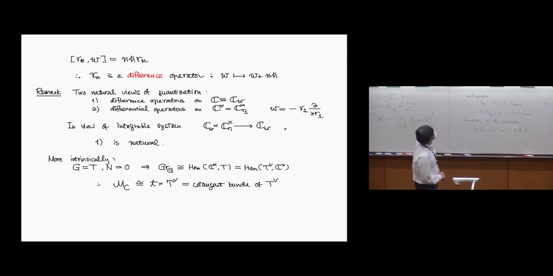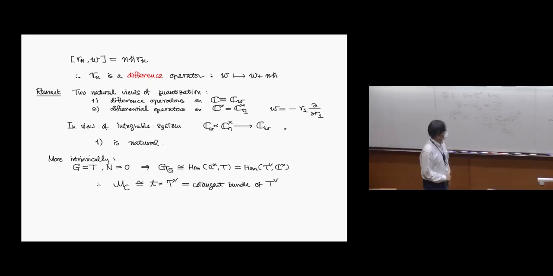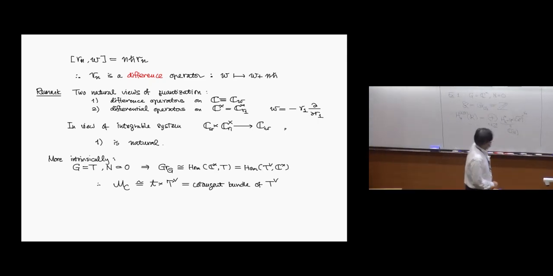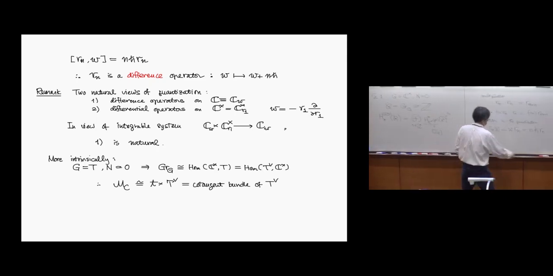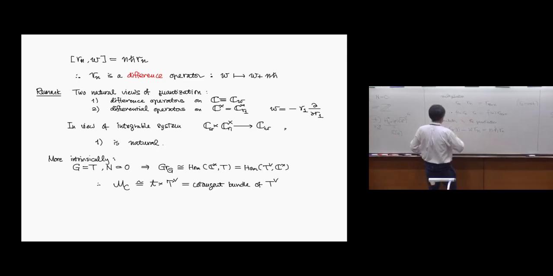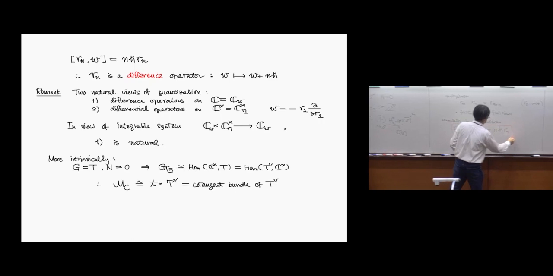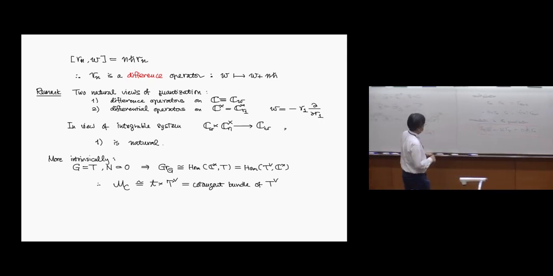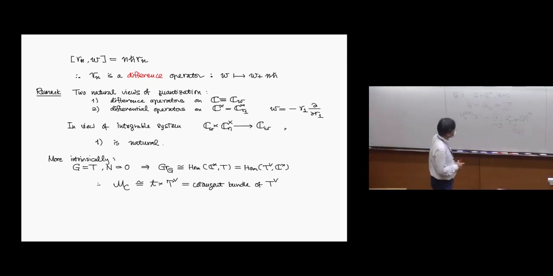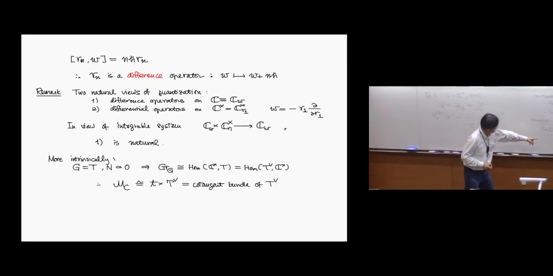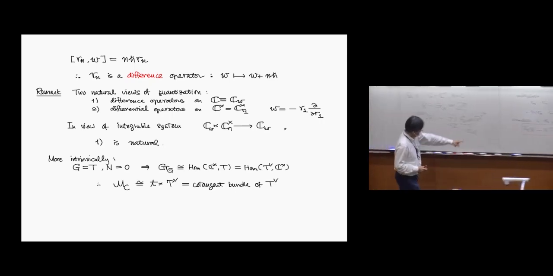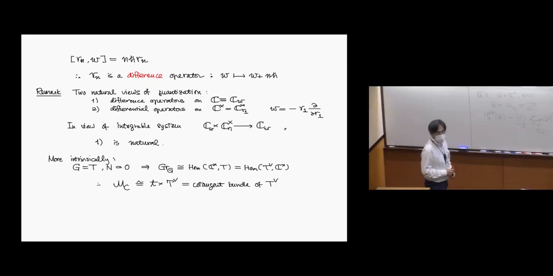And you can also study a little bit more. Because of this commutation relation, you try to understand the meaning of Rn in terms of W. Then you see that this commutation relation is something familiar.